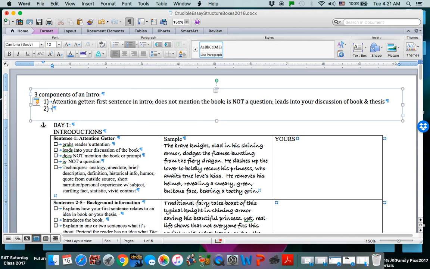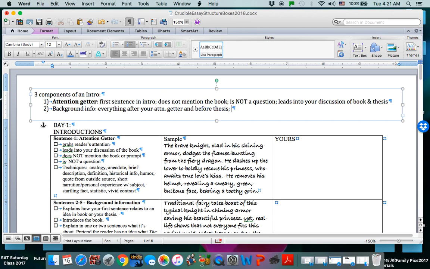Number two. This is all the stuff that you guys should have written down. Number two is something, and this is the hardest part, that we call background info. This is usually about 3 sentences. It's everything after your attention getter and before your thesis.